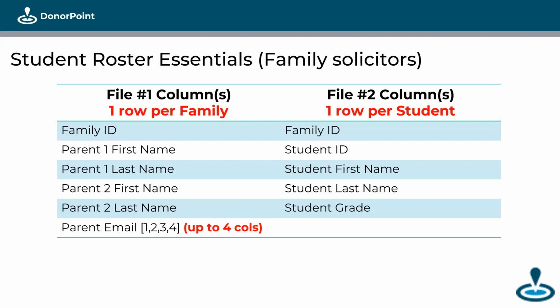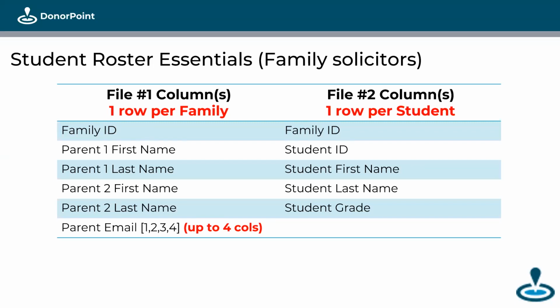The first file or the first tab is going to include 1 row per family with your family ID from your student management system, the parent's first name and last name, and the second parent's first name and last name, and then up to 4 columns with those parents' email addresses.